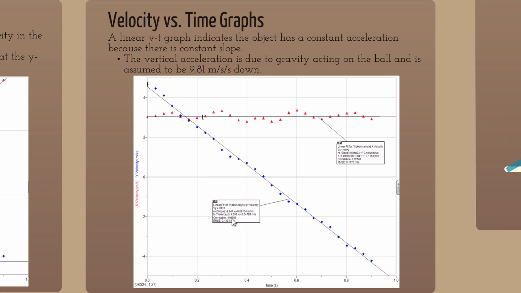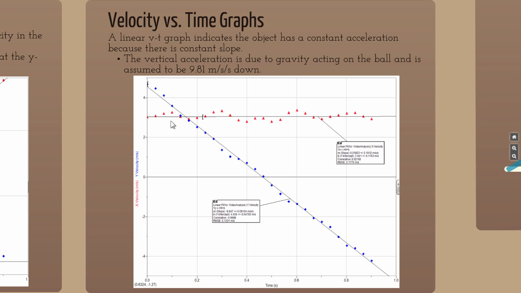That's fairly close to the accepted value for the acceleration of gravity, because gravity pulling on the object is what causes it to accelerate downward. We usually accept it as negative 9.81, but my error here is plus or minus 0.09, so that would get me within that range, and it's very acceptable.